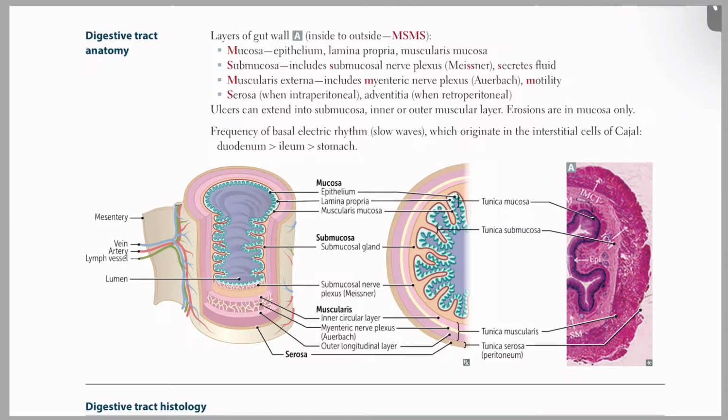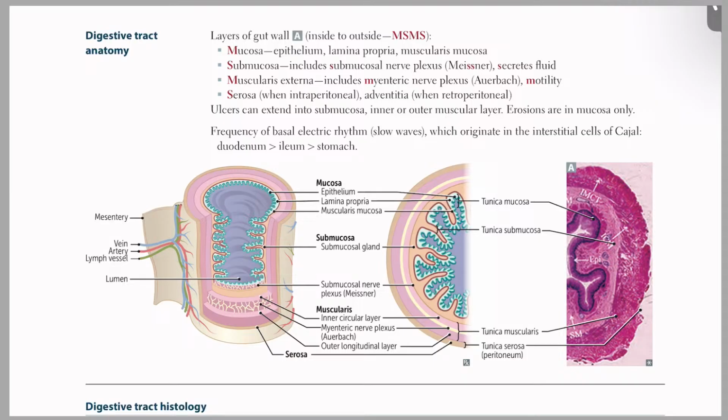Mucosa: epithelium, lamina propria, muscularis mucosa. Submucosa includes the submucosal nerve plexus, Meissner, which secretes fluid. Muscularis externa includes the myenteric nerve plexus, Auerbach, for motility.